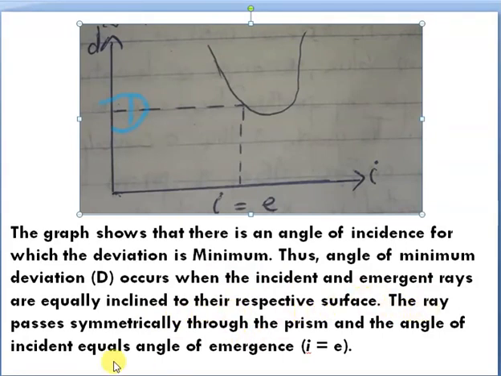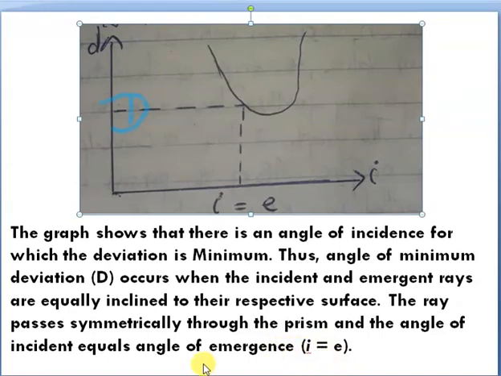The ray passes symmetrically through the prism, and at this minimum deviation, the angle of incidence is always equal to the angle of emergence.